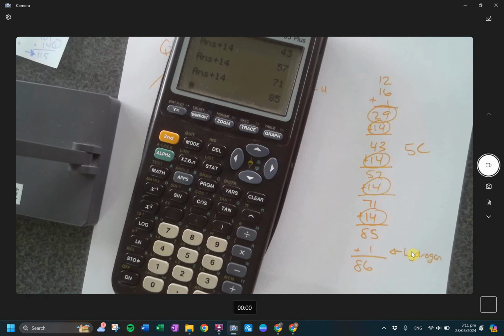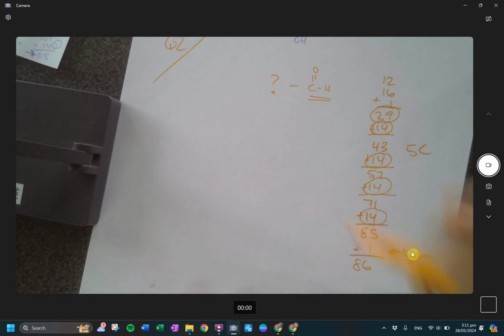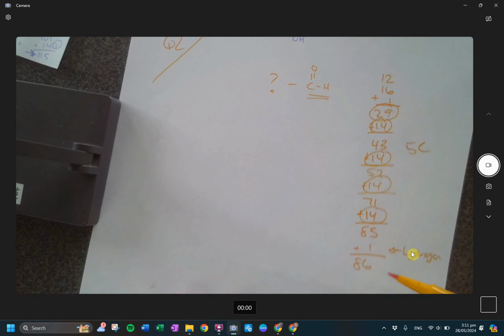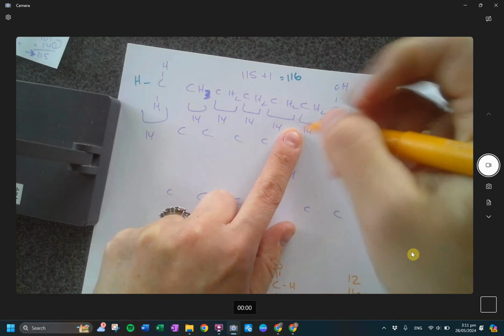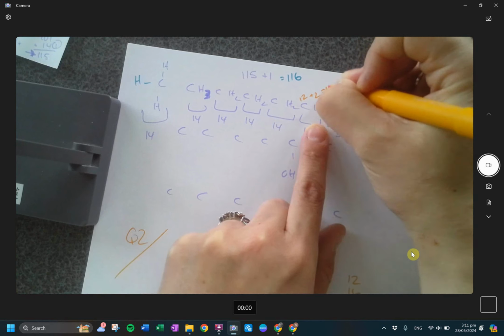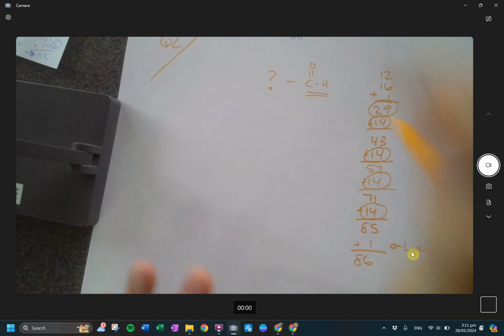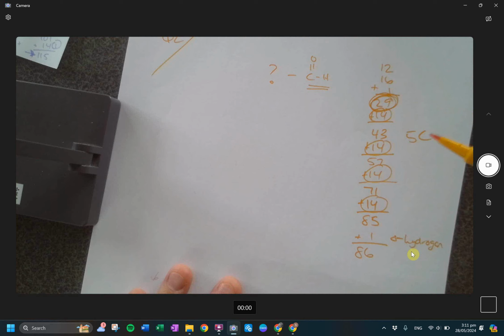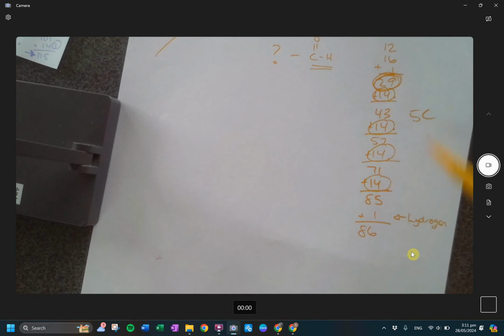Do you want me to explain that again? All right. So 29 I got from this guy over here. I'm trying to figure out how many carbons to add. When I add an internal carbon, it is 14. The reason it's 14 is because carbon is 12, and then there are 2 hydrogens, which are each 1. So I'm trying to keep track of how many carbons I'm adding. This is my first carbon with the aldehyde. I've added 1, 2, 3, 4 carbons to that original carbon, total 5.